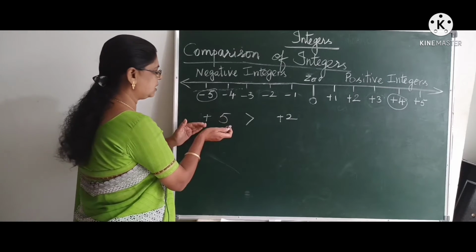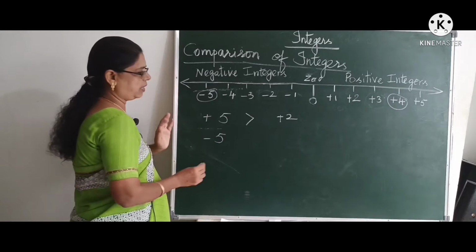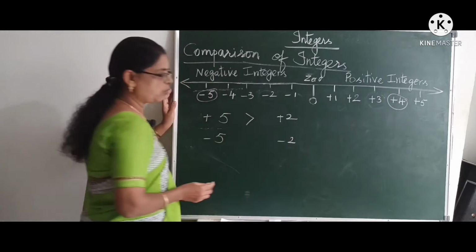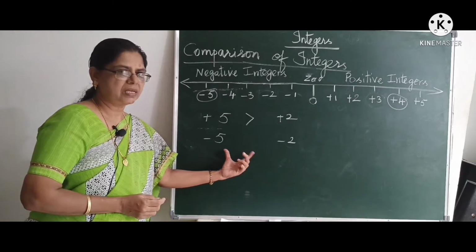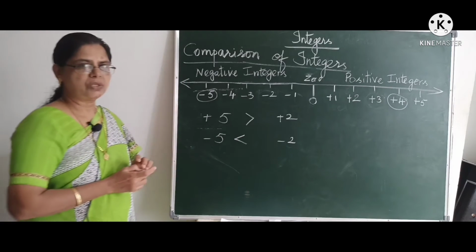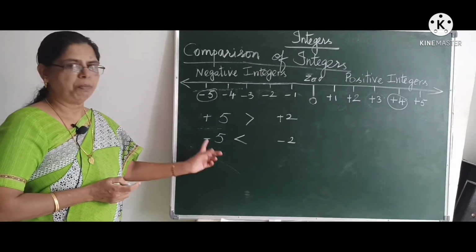For example, what is the opposite of plus 5? Opposite of plus 5 is minus 5. What is the opposite of plus 2? Minus 2. So when you compare the opposite of these two numbers, minus 5 is smaller than minus 2. The greater the number, the smaller is its opposite.